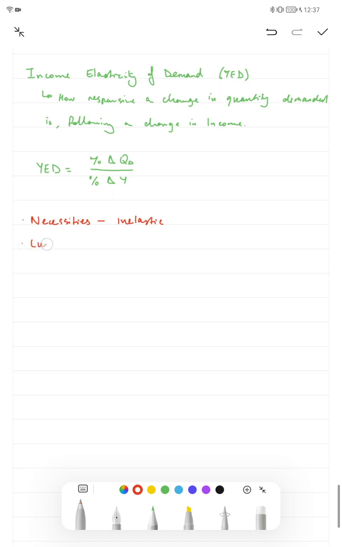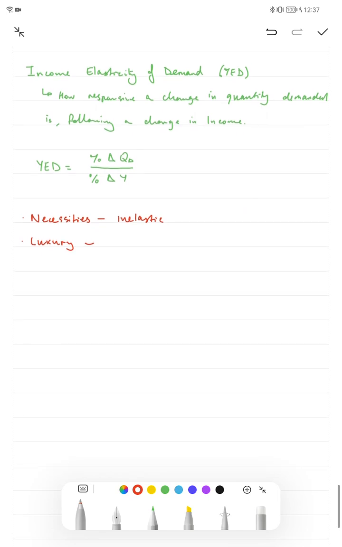You can have luxuries. So a new designer handbag, or designer watch, or things like that. They're very optional.